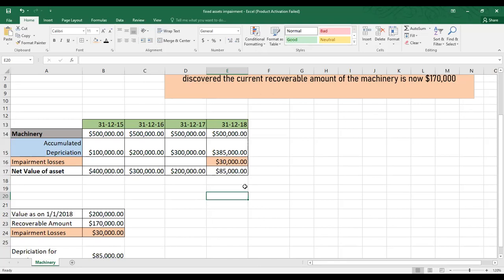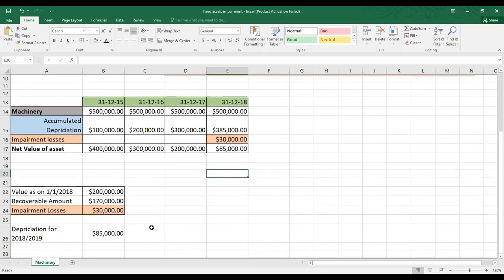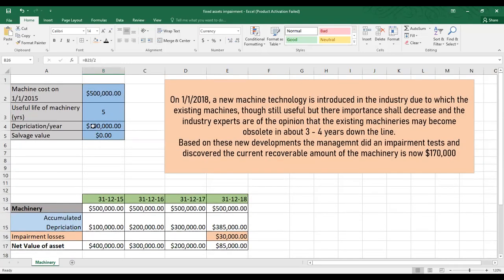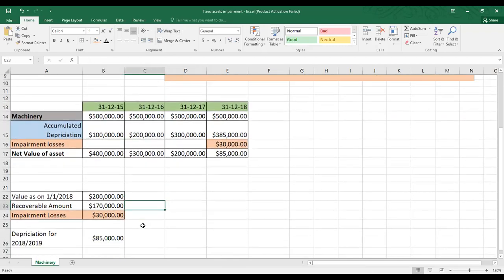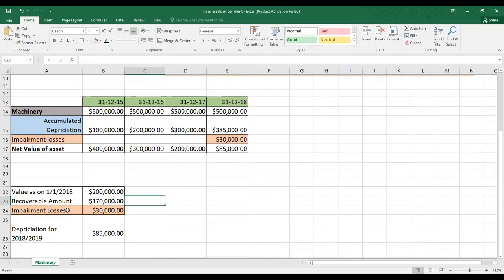Now, when the recoverable amount of the machinery has reduced, the depreciation is also going to be simultaneously reduced. The reason being, now the recoverable amount is $1,70,000. The estimated life now is only 2 years left, because 3 years has been completed. Only 2 years of estimated life is left as of 1st of January 2018.